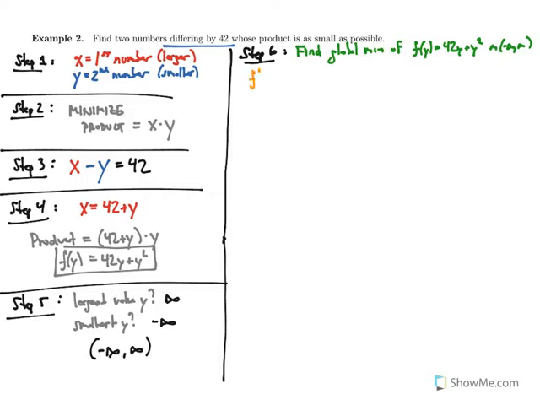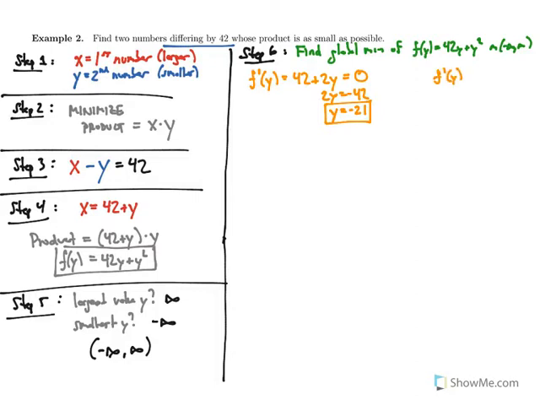So we're going to find the critical points by finding the derivative. That's going to be 42 plus 2y. Set this equal to 0. It's going to be 2y equals negative 42. y is going to be equal to negative 21. That is a critical point.